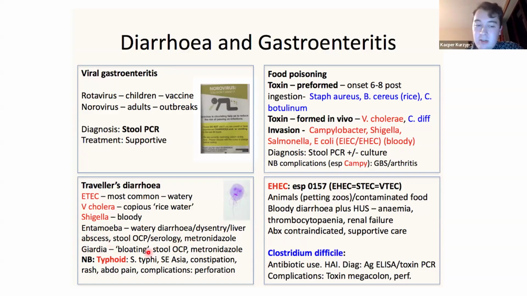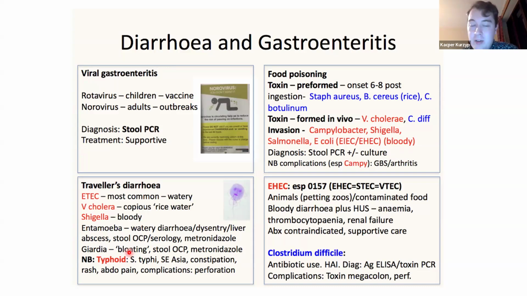Giardia is another infection of the GI tract, which presents unspecifically, a bit like a mimic of celiac disease, with bloating, unspecific diarrhea on and off, some nausea. It is diagnosed with the stool wet prep, and treatment is metronidazole.